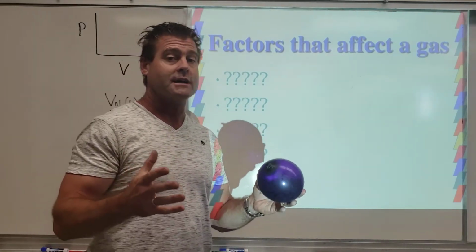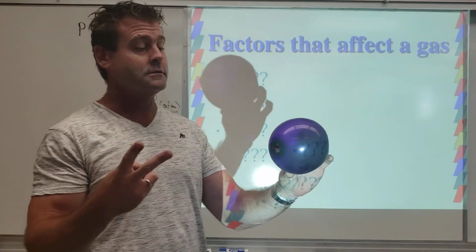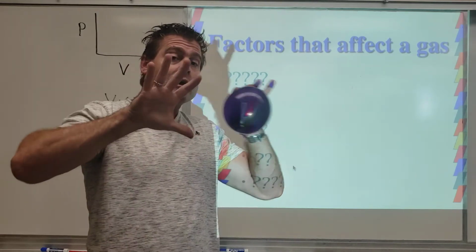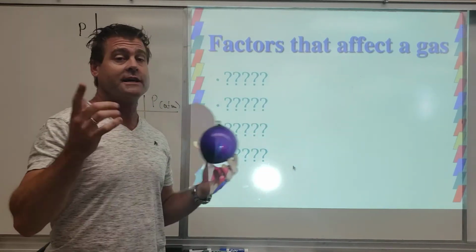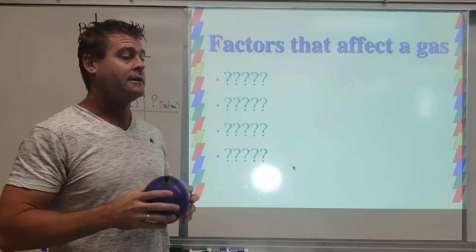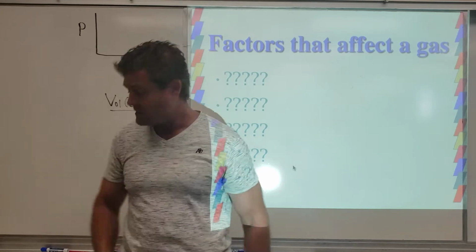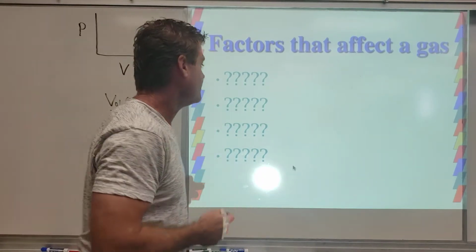You could talk about its temperature. You could also talk about the pressure that gas is exerting. Whenever we're talking about gases, pressure is an important factor. And we can also talk about the amount of gas in that container. So those are the 4 factors.